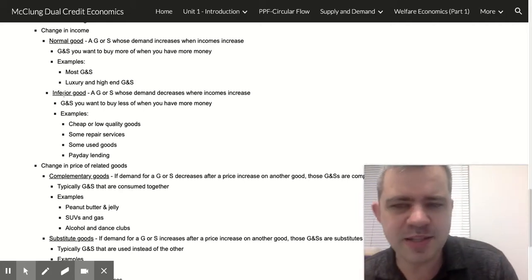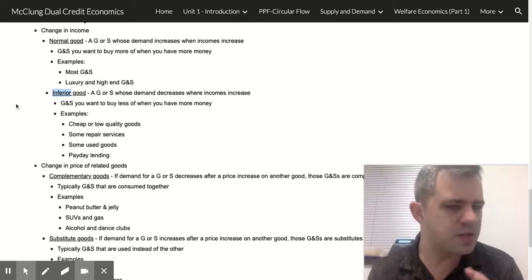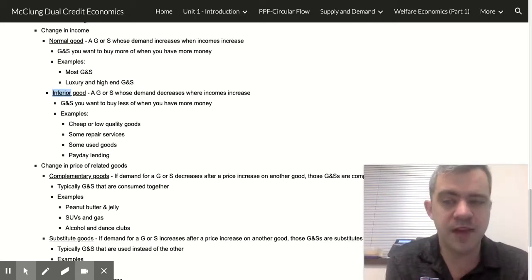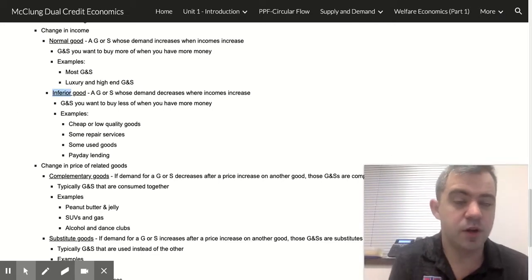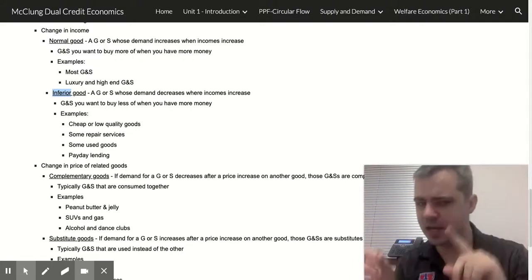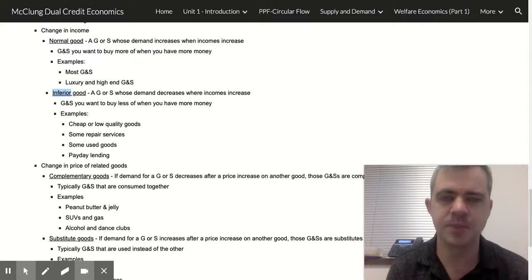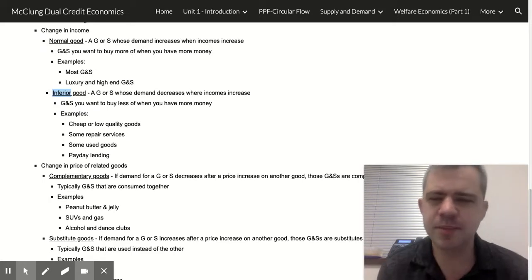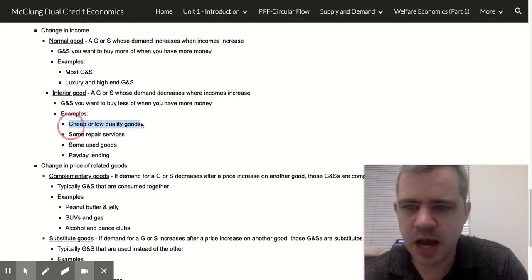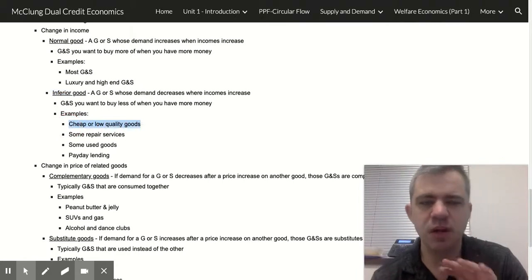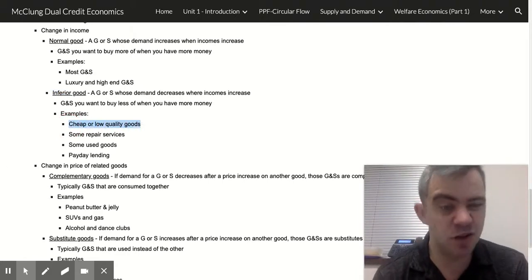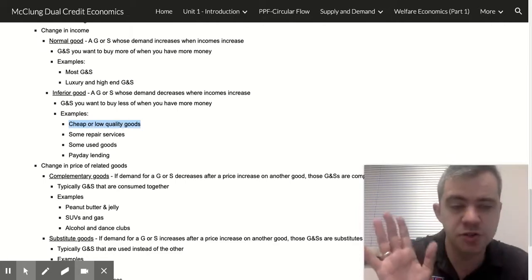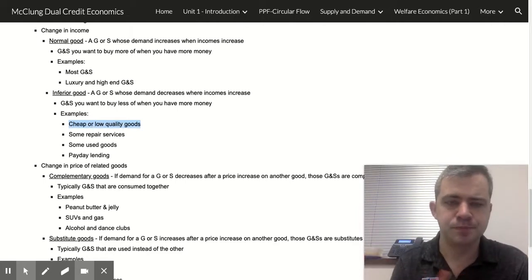All right, let's talk about inferior goods. Inferior goods work backwards from the way that you think. Inferior goods are goods and services whose demand decreases as incomes increase. Some examples here would be cheap, kind of low quality stuff, maybe dollar store stuff.